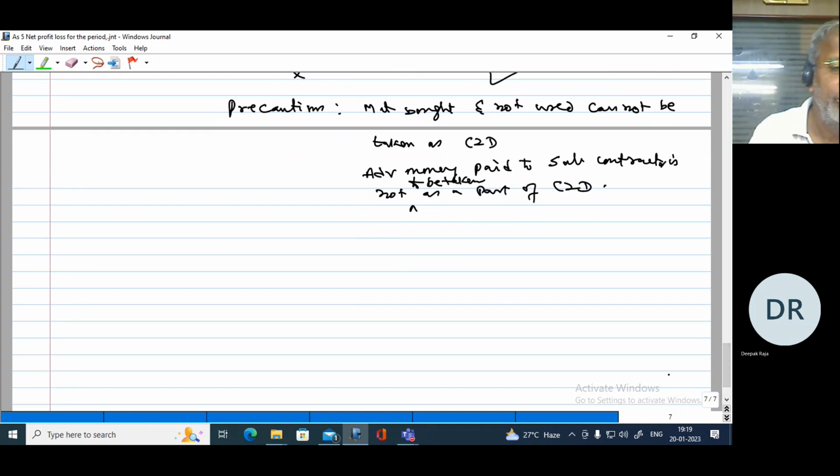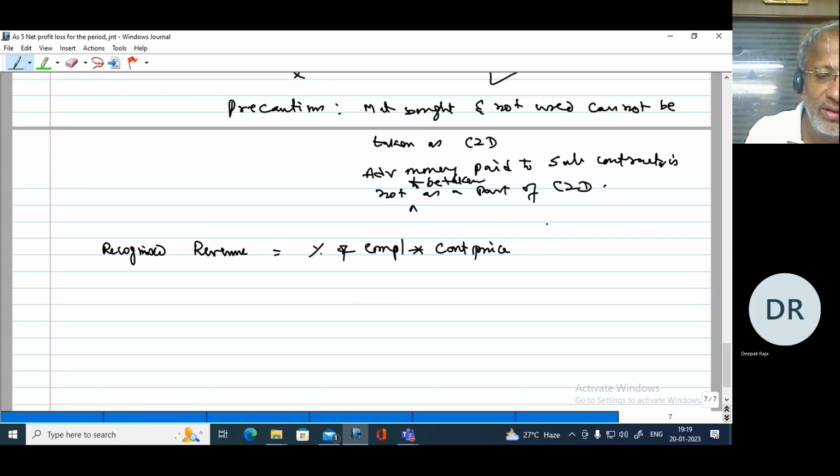Correct. Now, revenue. Recognized revenue is equal to percentage of completion into contract price on a cumulative basis.